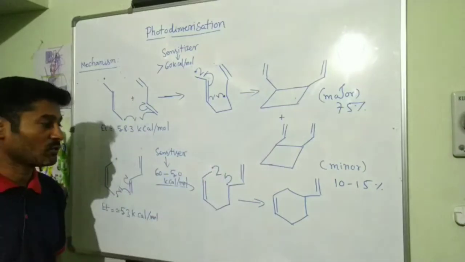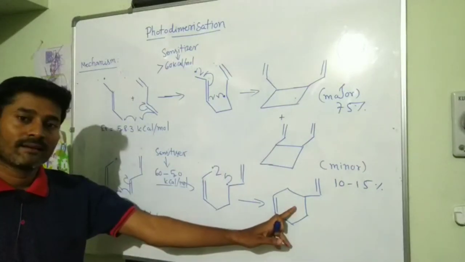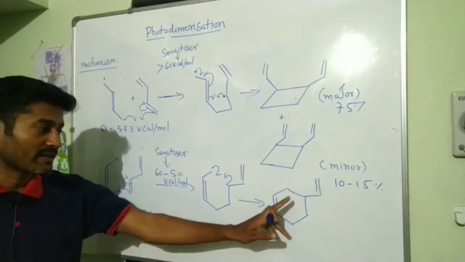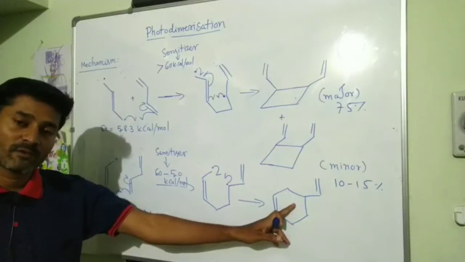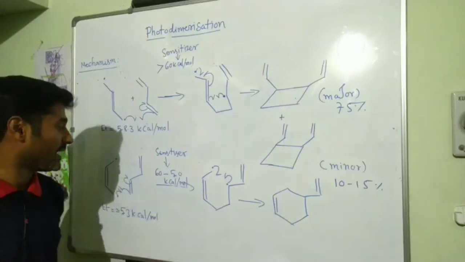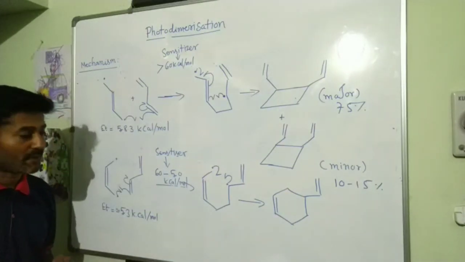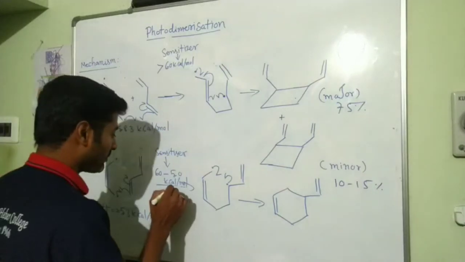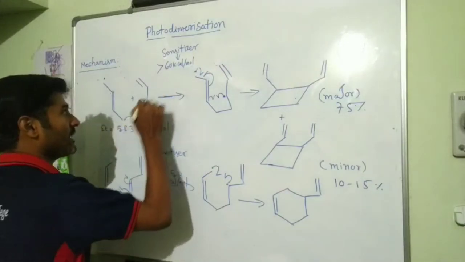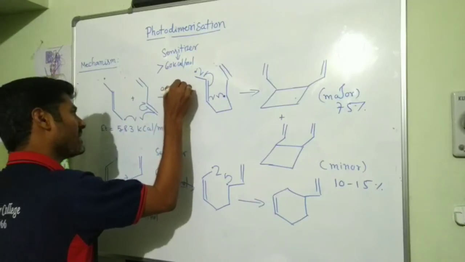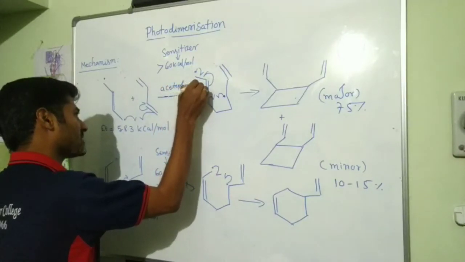In case 2, you'll get substituted cyclohexene as the major product, since to get it we use a sensitizer with energy of around 50 to 60 kilocalorie per mole. Examples for these two sensitizers: there are many sensitizers, and I will attach the list.